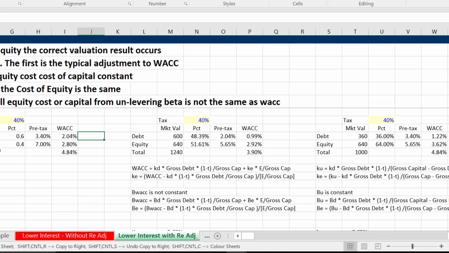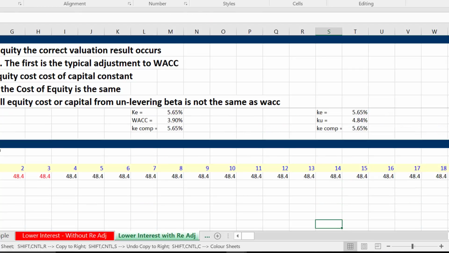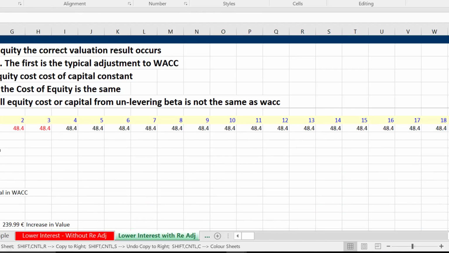Now that debt piece went down. Once you have that, you divide this by the nominal cost of equity, and you get a cost of equity of 5.65, and you see that went down because we have less leverage.